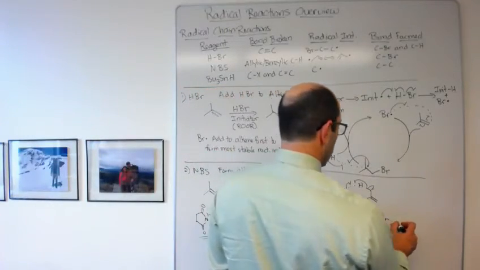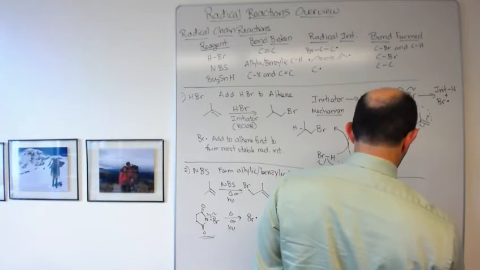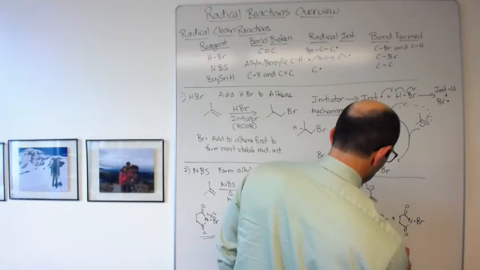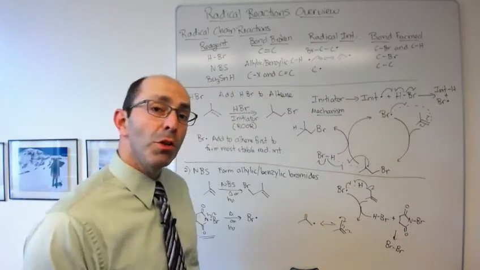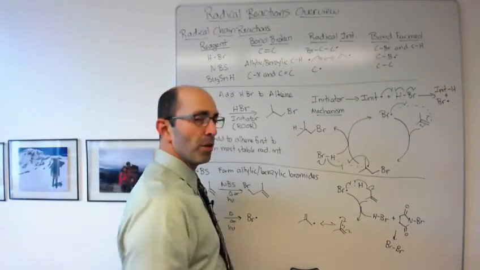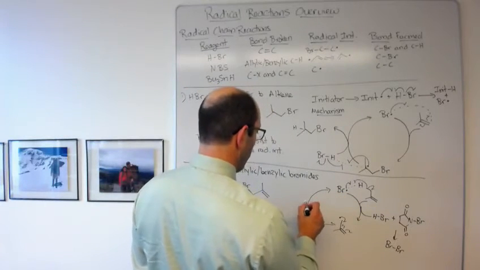The interesting thing is that this HBr that we form reacts with NBS to give us Br2. Br2 is what's going to react with this resonance stabilized radical to generate more of our chain propagating radical.